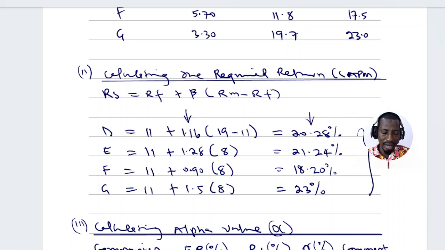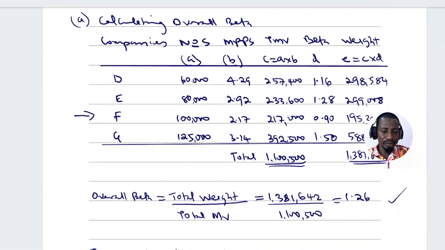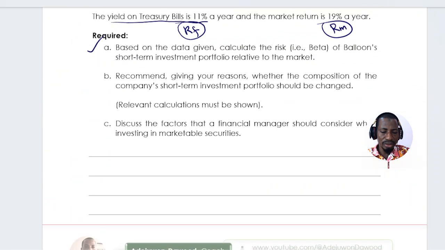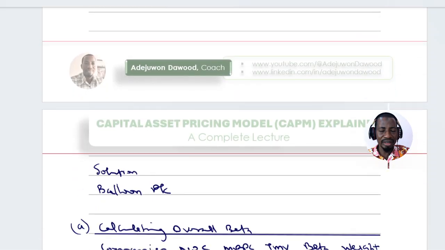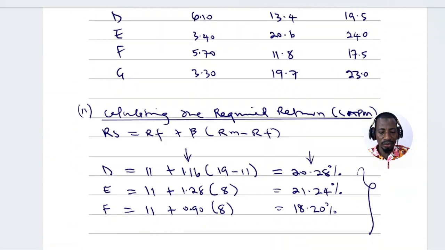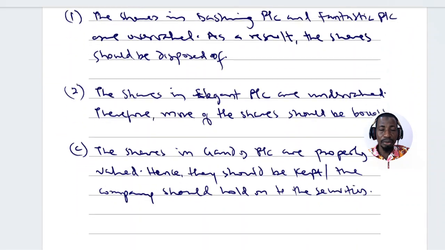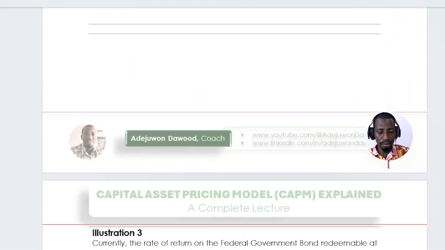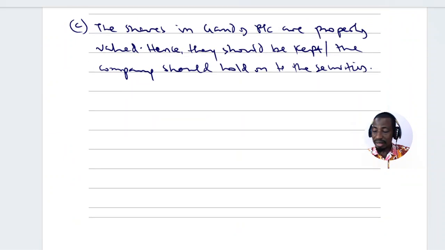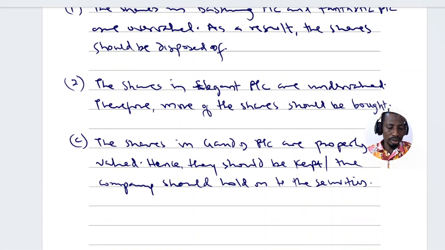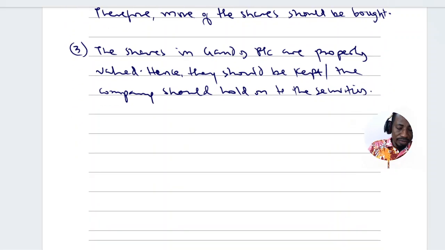So that is that. Then number 3C of this question, you have to discuss the factors that a financial manager should consider when investing in marketable securities. To answer this question, you need to put yourself in the position of a financial manager that you want to invest in short-term marketable securities.